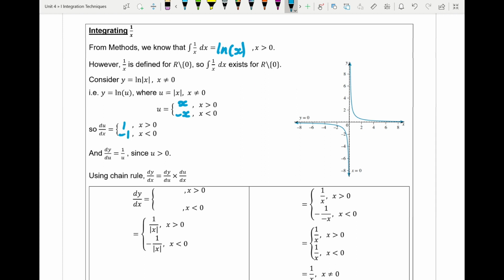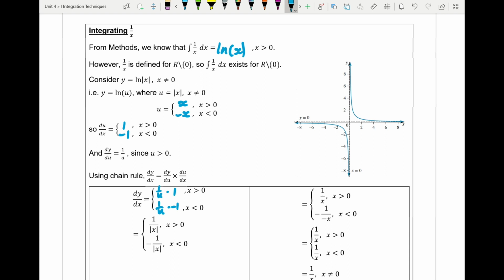We then have that dy du is equal to 1 over u, since u is greater than 0. And so using chain rule, we see that dy dx equals dy du times du dx. So we get 1 over u times 1. We get 1 over u times negative 1. So we can see that our answer is 1 over absolute value of x, and 1 over negative absolute value of x for x less than 0.